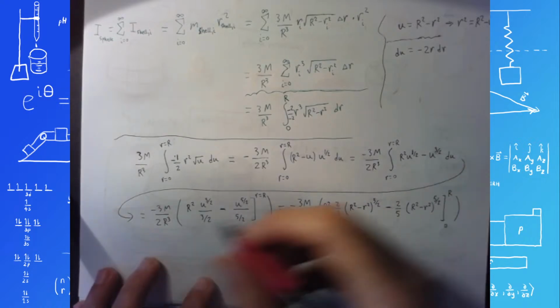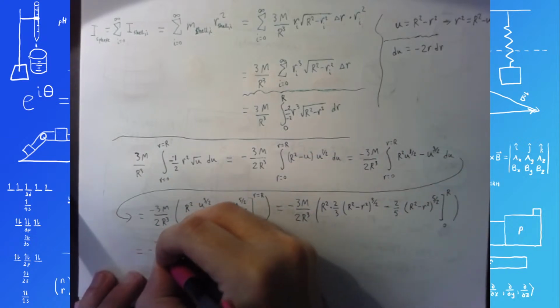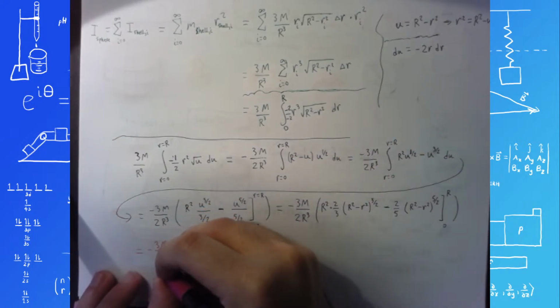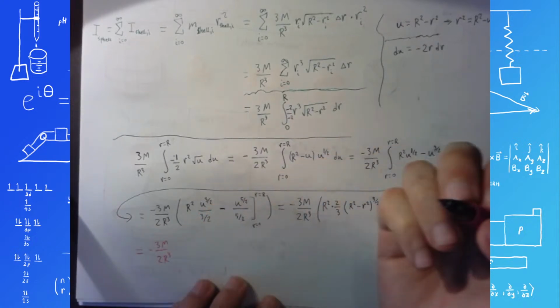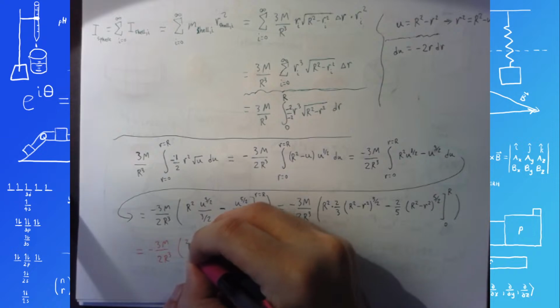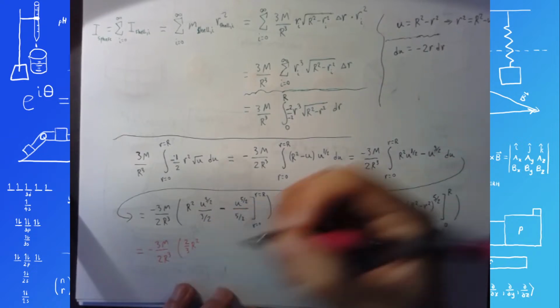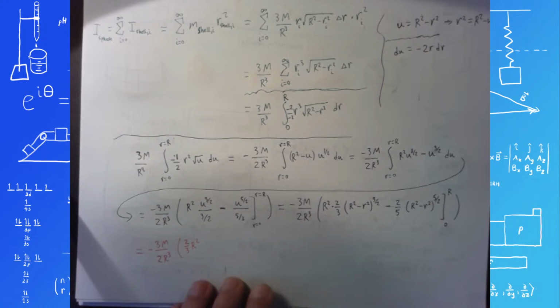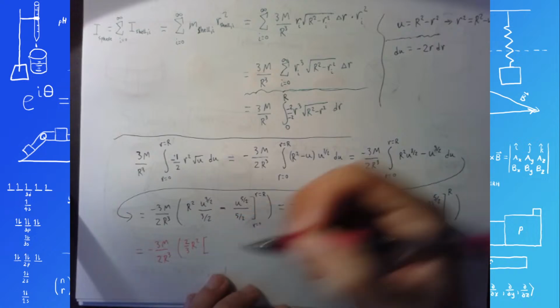So negative 3 big M over 2 big R cubed times, we've got 2/3 big R squared times, I guess I'll use square brackets for this.